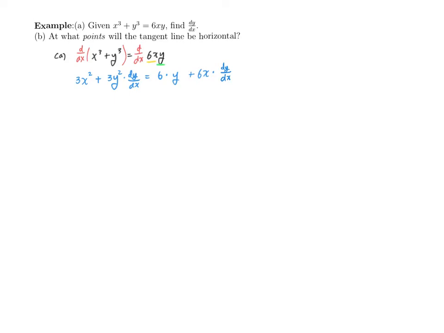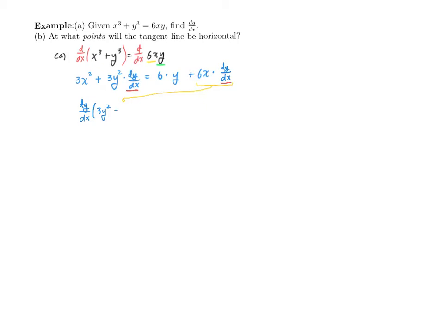And now we're in a standard position. We've differentiated with respect to x. There's some number of terms that involve a dy/dx. We are going to algebraically group those terms together on the left and isolate. So on the left, we have a dy/dx times 3y squared. And I'm going to also take this 6x dy/dx, and move it over to the left-hand side.